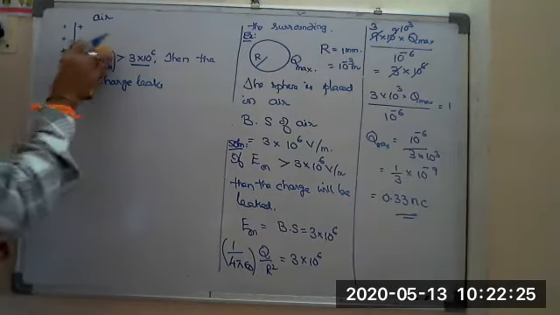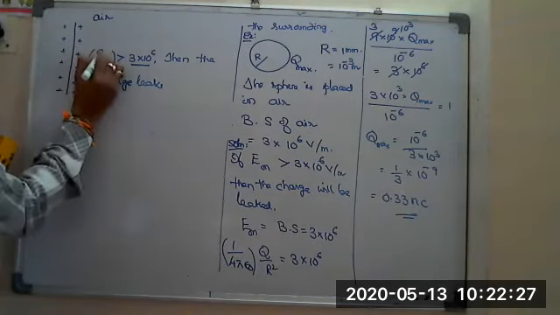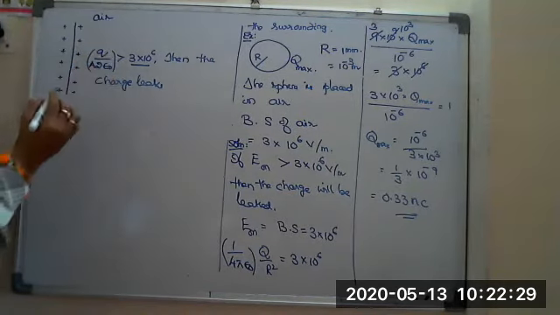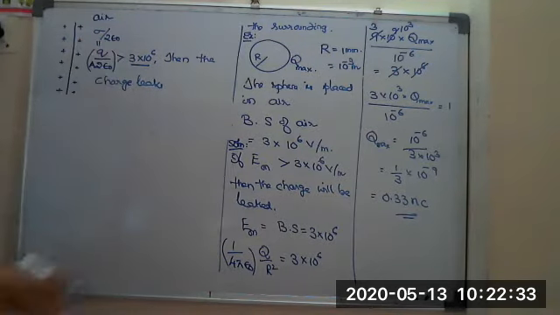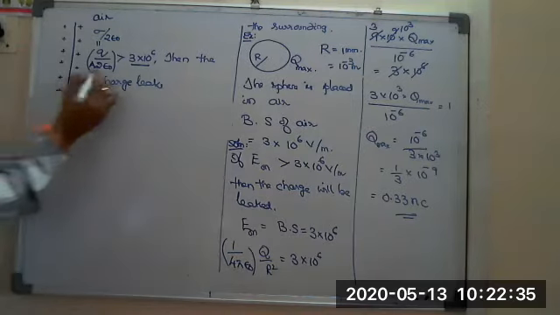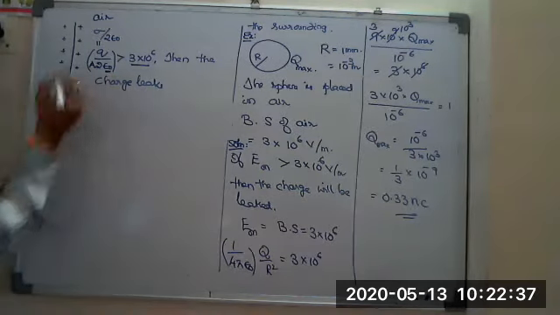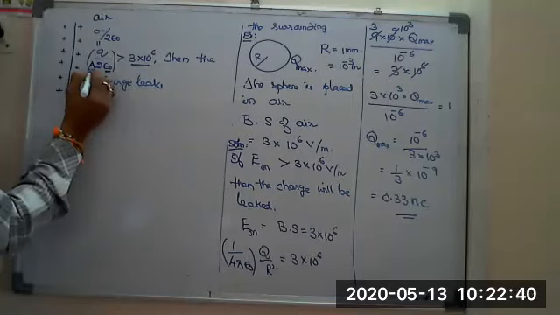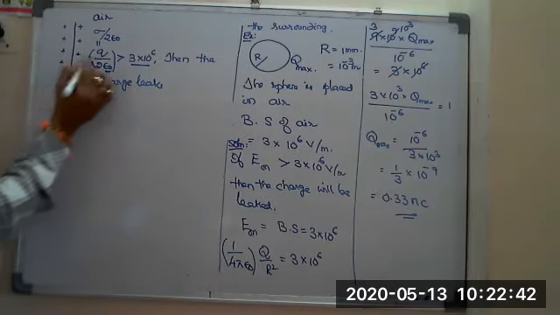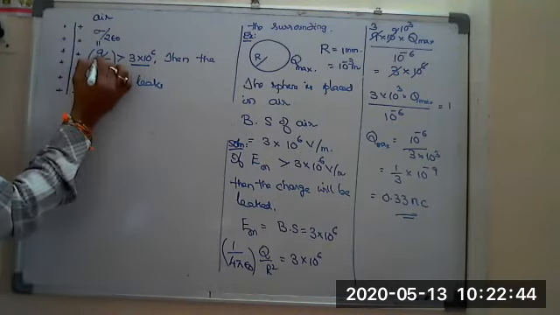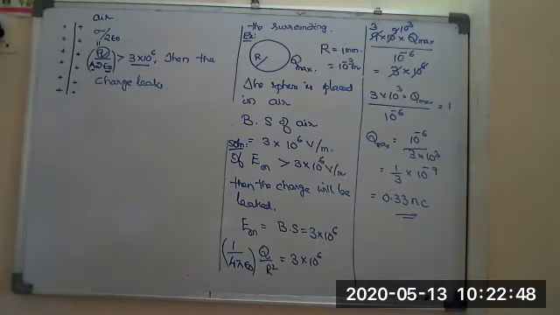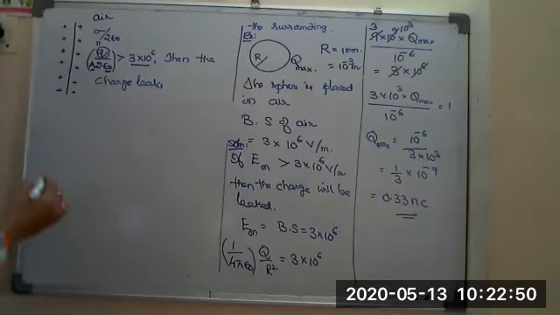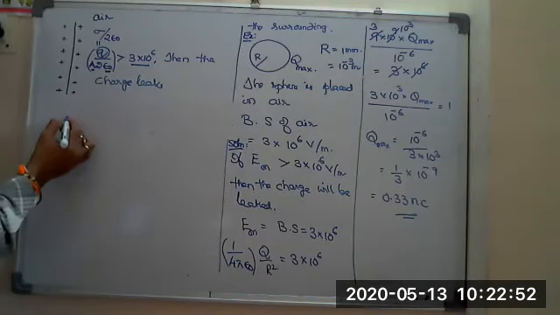Because sigma is equal to Q by A, whereas sigma by 2 epsilon naught is equal to Q by 2A epsilon naught. I am not changing the medium epsilon naught, and I am not changing the area. So here I want to increase the charge. Then what do you do?